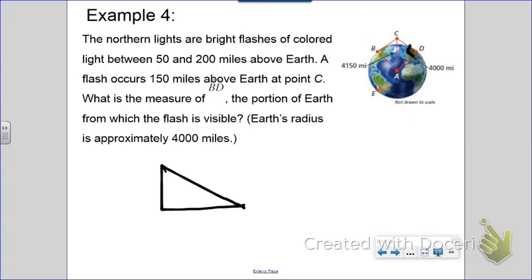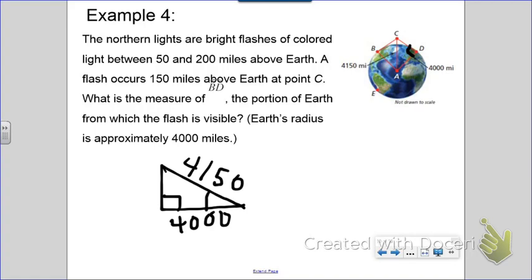So I just need to know the measure of that central angle. We're going to draw it this direction. In this case, the hypotenuse is 4,150. The side is 4,000.